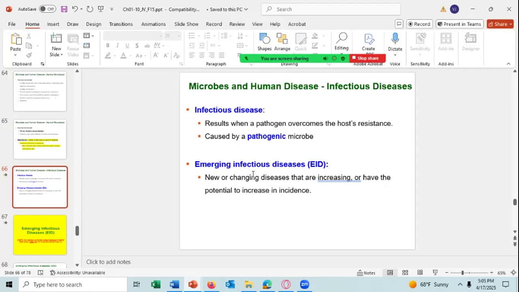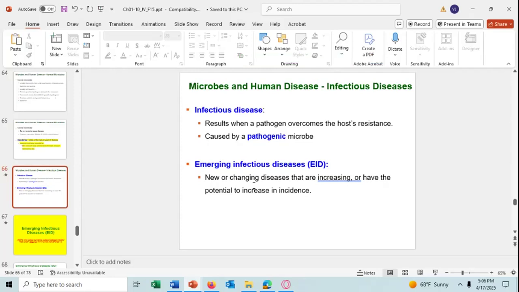An emerging infectious disease is a disease which is new or changing, that is increasing or has the potential to increase in incidence. Can anyone name an emerging infectious disease at the moment? COVID. Ebola. COVID-19 would be an emerging infectious disease.